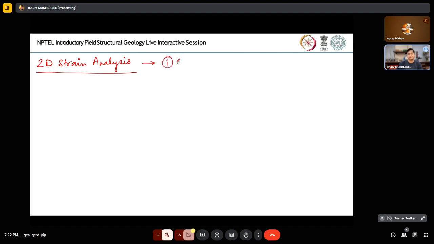One is the center to center method, also known as Fry method, and the other one is the Rf/phi method for strain measurement. So if I describe the practicality of these two different methods, first of all, let us discuss the Fry method.